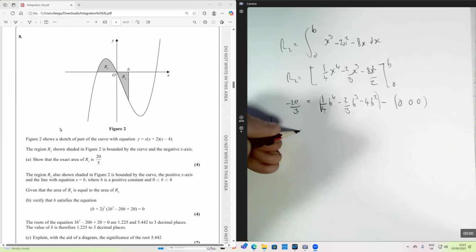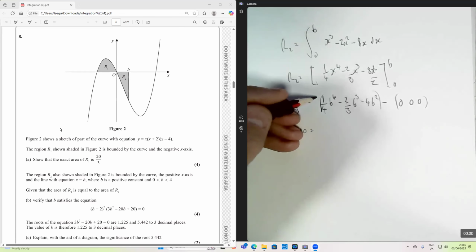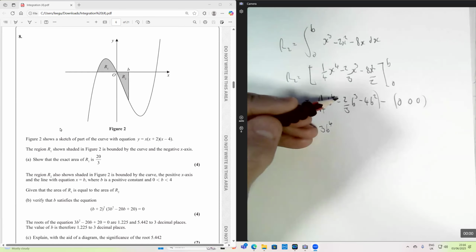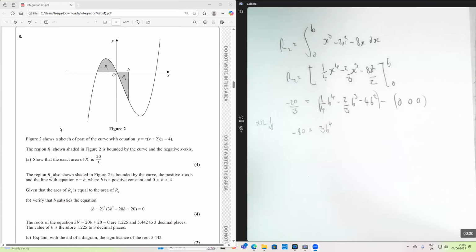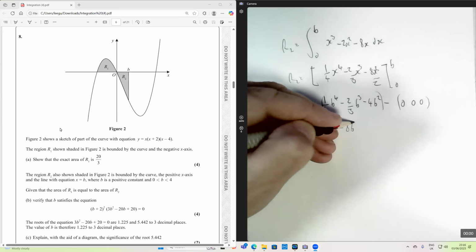So that's going to go to minus 80. I want to times this one by 12. That's going to go to 12 over 4, which will be 3b to the 4th. Times this one by 12, that's going to be 24 divided by 3, so that's going to give us 8, minus 8b cubed.